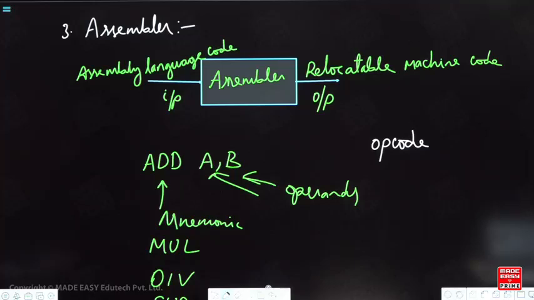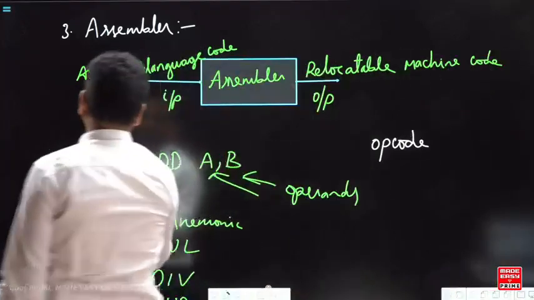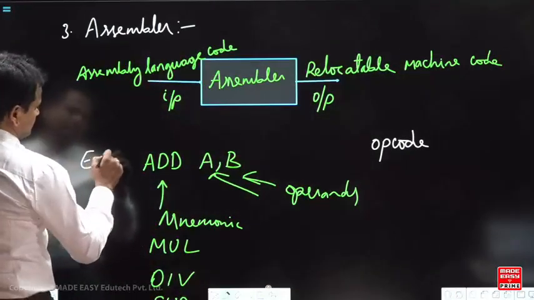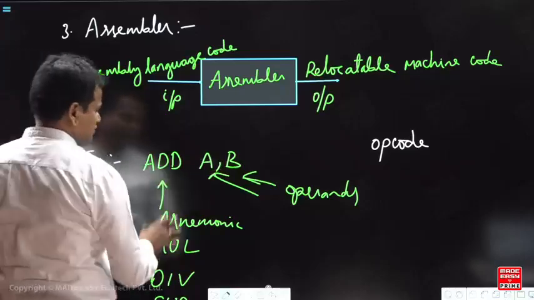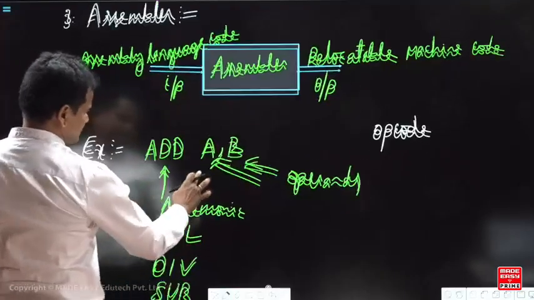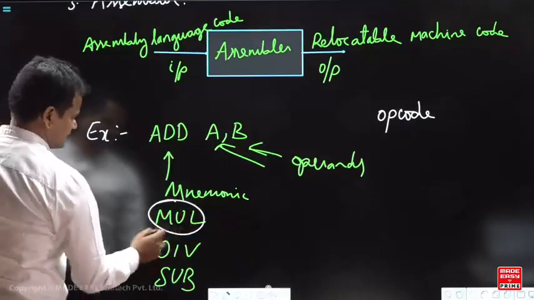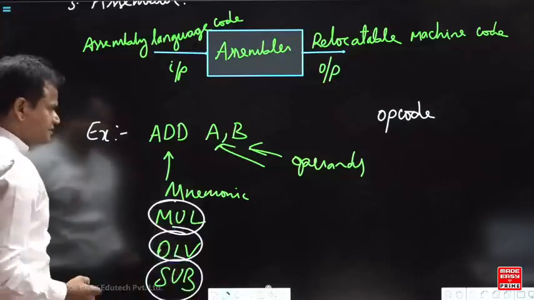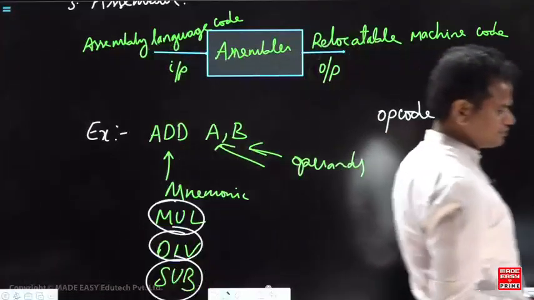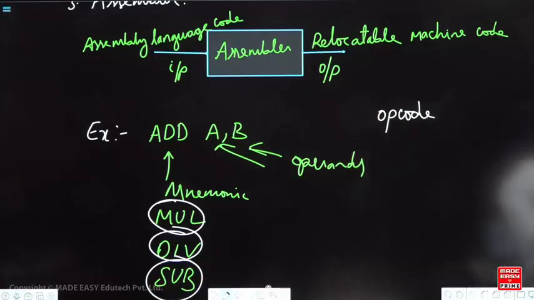You can take an example: Add A comma B. Add is a mnemonic, and A comma B are the operands, like division, subtract. Next. Types of assembler.